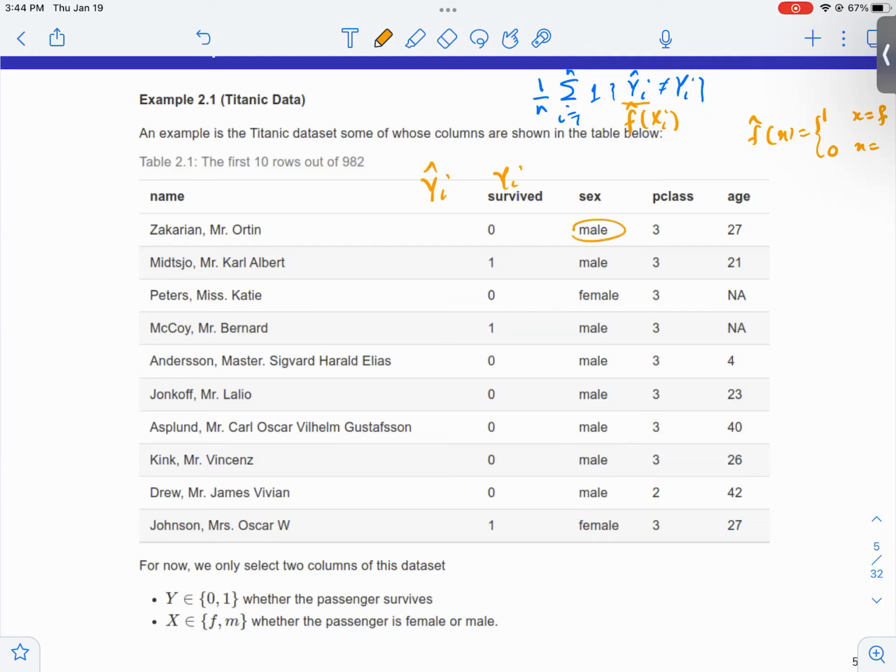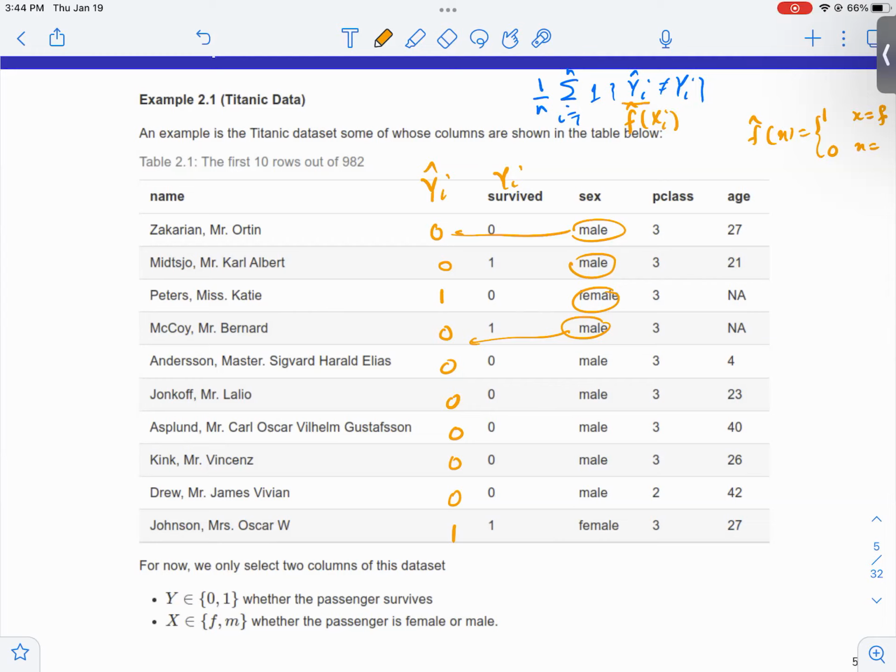This is male, so this would be 0. Female would be 1. Male would be 0, 0, 0, 0, 0, 0, 1. That's my prediction. This is the true y, and then I compare.